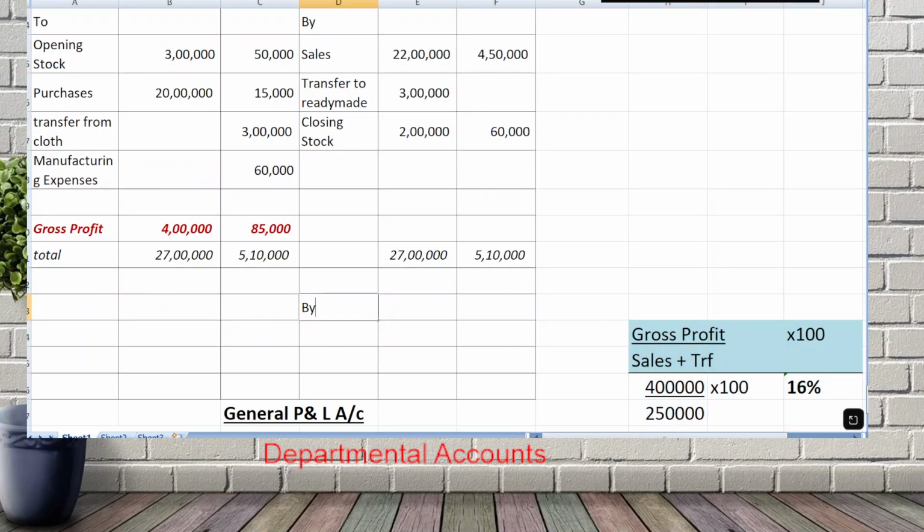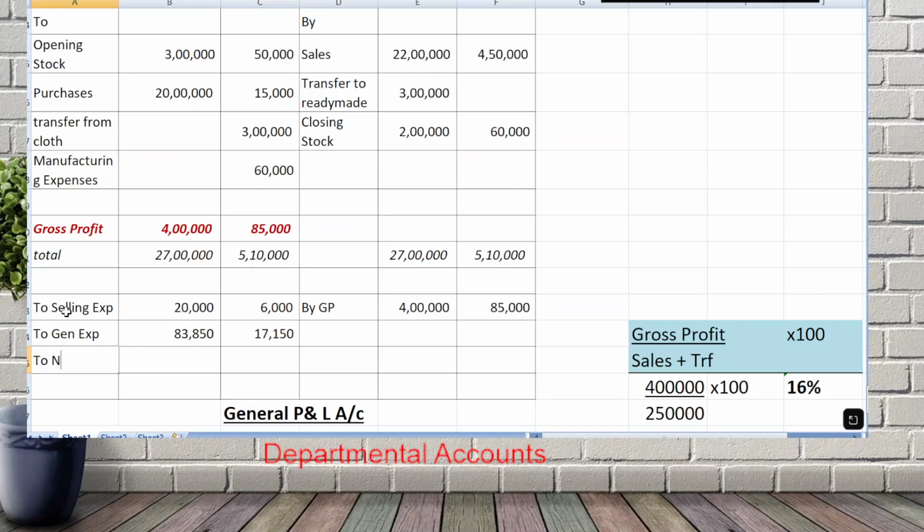By GP bring the answer. What is the GP? 4 lakh and 85,000. To selling expenses, to general expenses. 17.